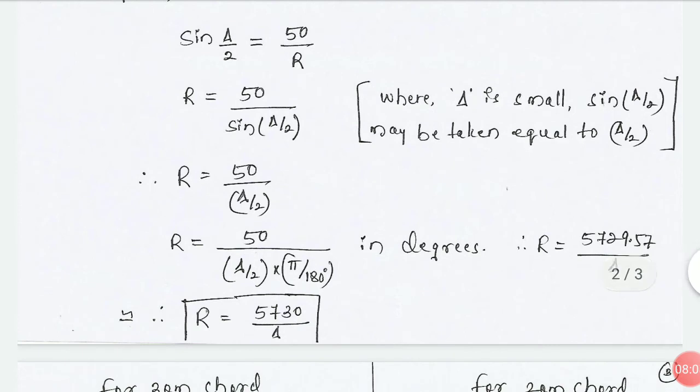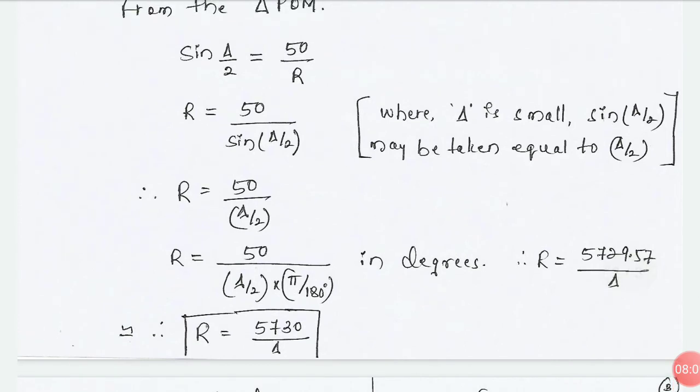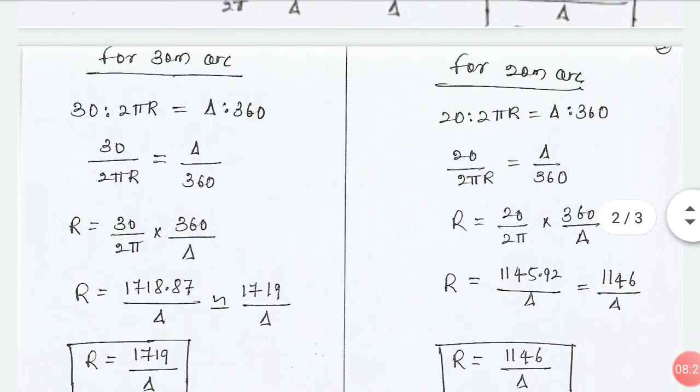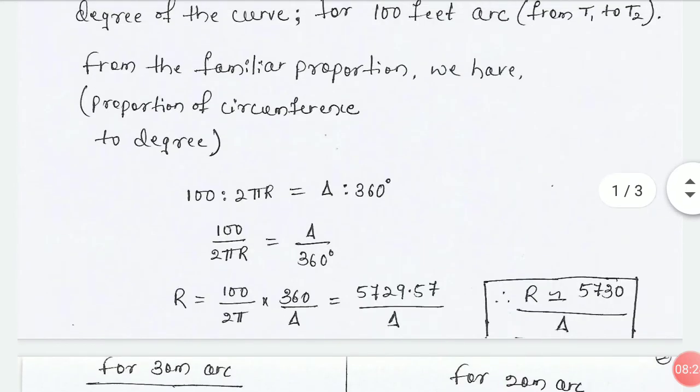Now match: when I use a 100 feet arc and when I use a 100 feet chord, what will be the relation between radius and degree of curve? Here it is 5730 by delta. Check from the arc definition, r is again 5730 by delta. So any of the definitions we can use to establish the relation between radius and degree of the curve.